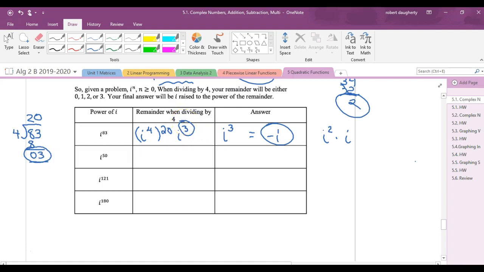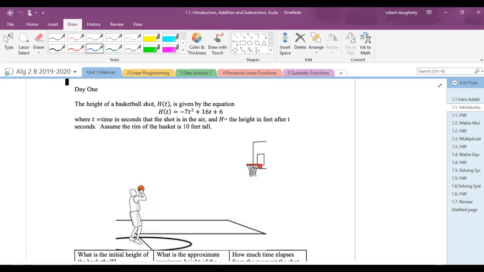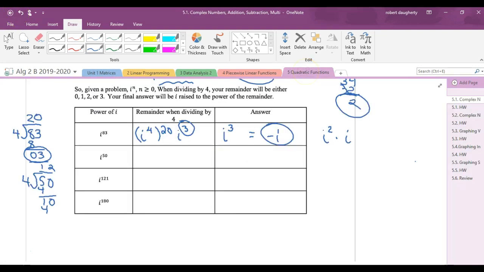Okay. Let's take 50. What happens when you divide 4 into 50? So 4 goes into there what, 12 times? That's 48. What's my remainder here? 2. Okay.